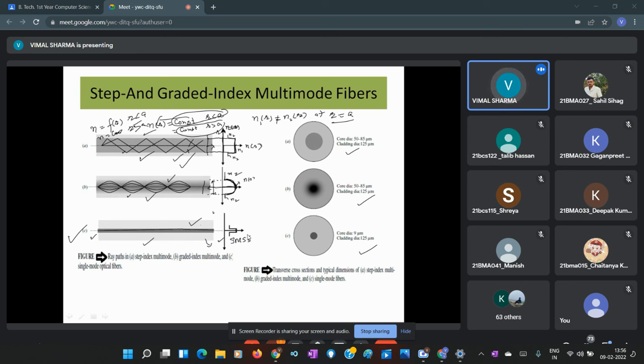And this is the graded index fiber, where there is a gradual change in refractive index. Say a ray starts from the center of this optical fiber; as it moves in the transverse direction away from the center of the core, it gradually bends.